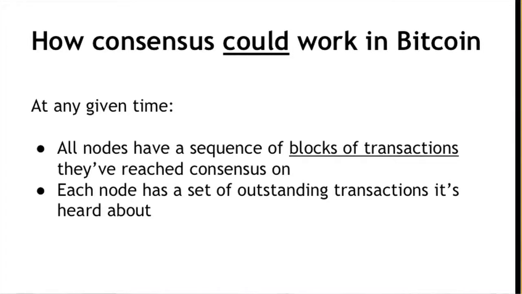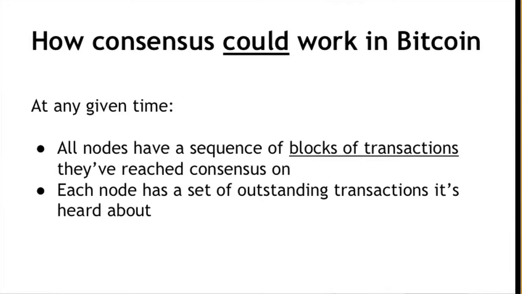Recall that in Scroogecoin, for optimization purposes, for efficiency, we put transactions into blocks and we link these blocks together on a blockchain. So we're utilizing a similar principle here. We could do consensus on transactions one by one. That would be okay. It would just be inefficient. So instead, we do consensus on a block by block basis. At any given point, all these nodes in the peer-to-peer network would have the sequence of blocks that they've agreed upon already.